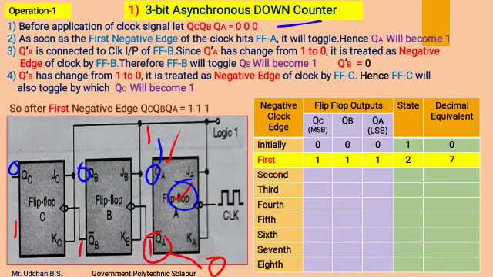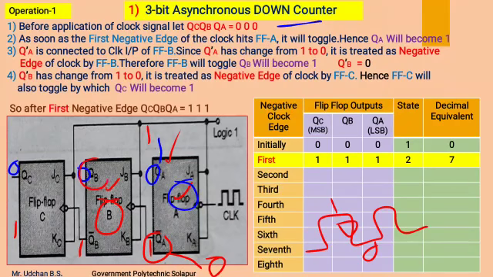Here QA complement is changing from 1 to 0, so flip-flop B receives the negative edge of the clock. As we know, a 1 to 0 transition consists of the negative edge of the clock pulse. Therefore flip-flop B also gets the negative edge, by which flip-flop B gets toggled.